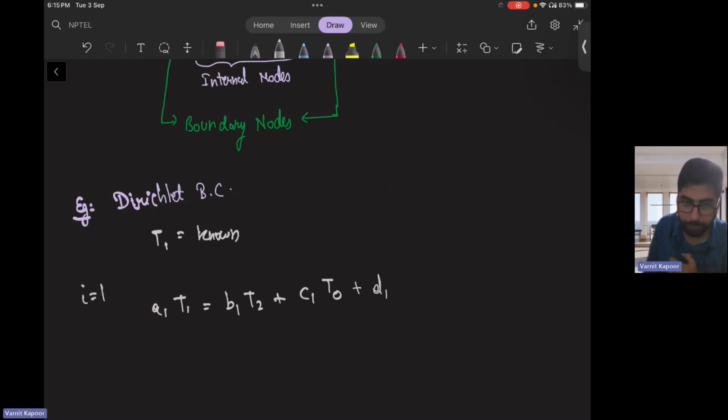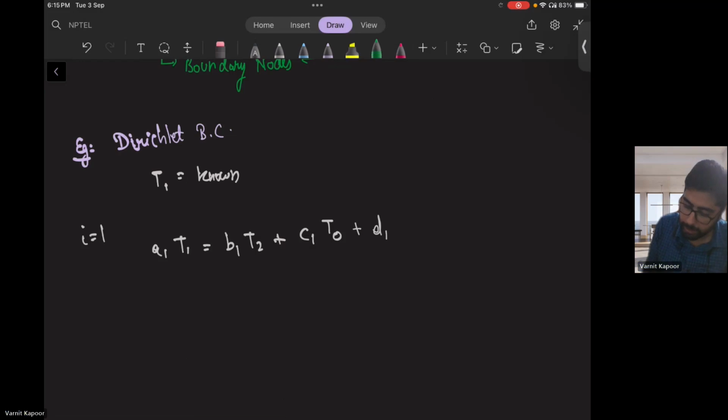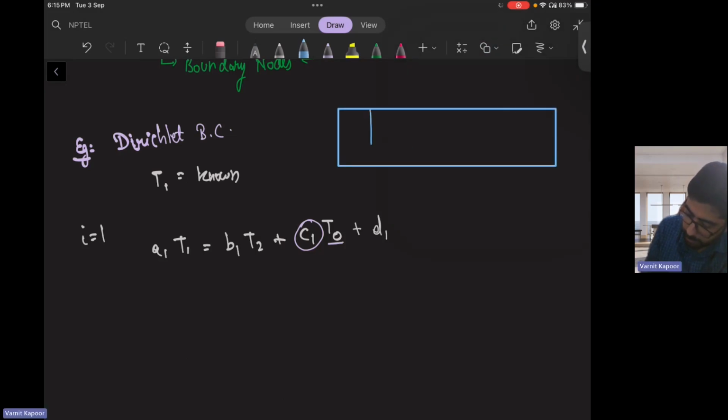So if you observe, C1 will be 0 because there is no T0. So suppose I have a domain like this, a domain like this.